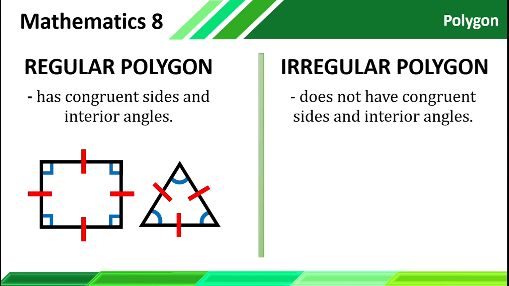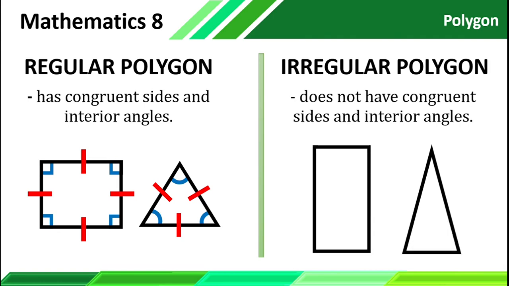In contrast, we also have irregular polygon. It does not have congruent sides and interior angles. So for example, we have here a scalene triangle and a rectangle. As you can see, even though it has the same angles, its sides are not congruent.